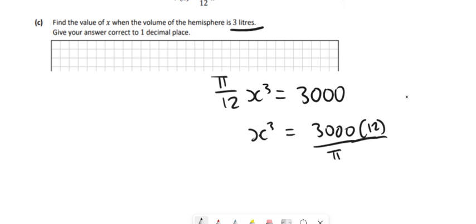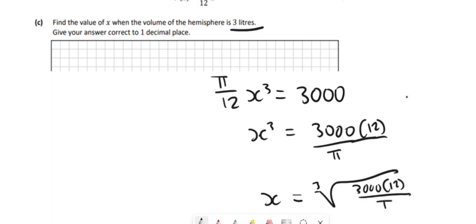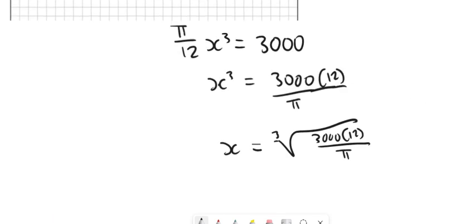And then we're going to do the cube root of that, because obviously we need to get what x is. Then they wanted the nearest decimal point as well, so it's 22.5. It's going to be in centimeters.